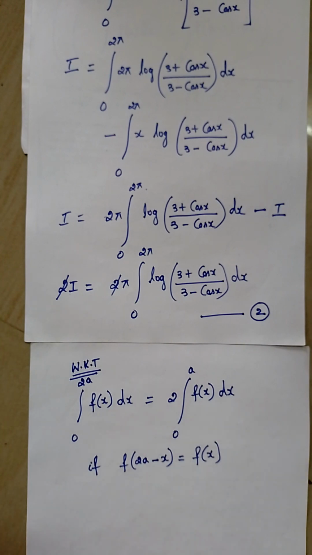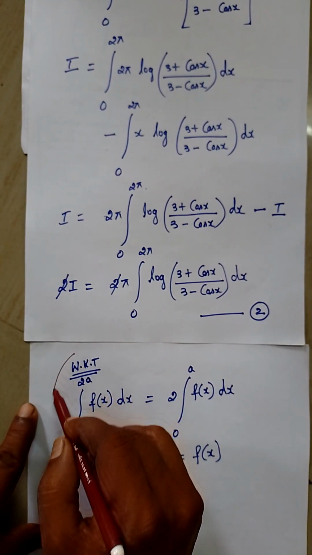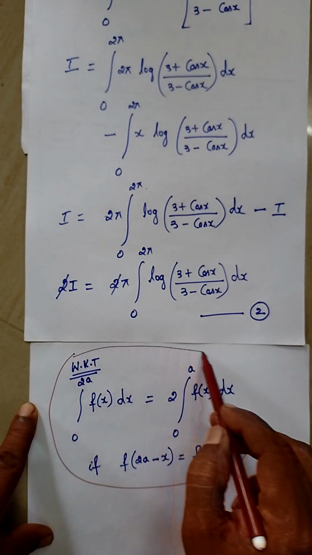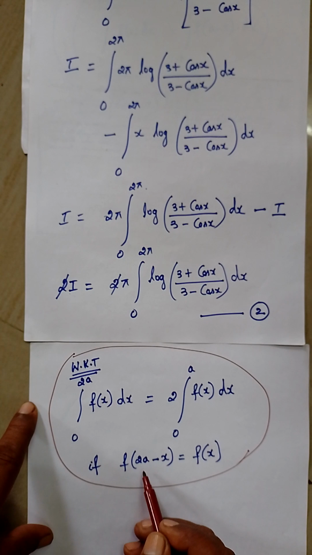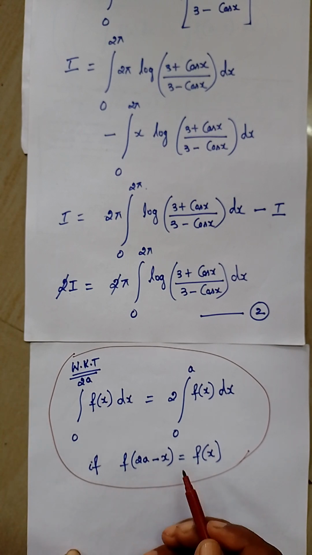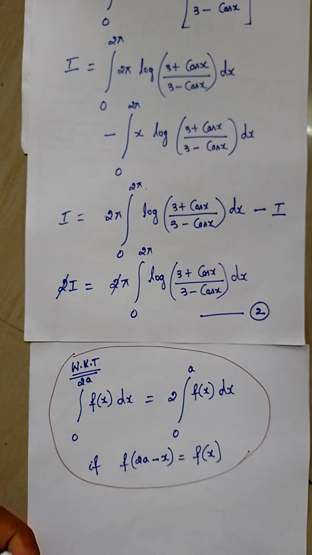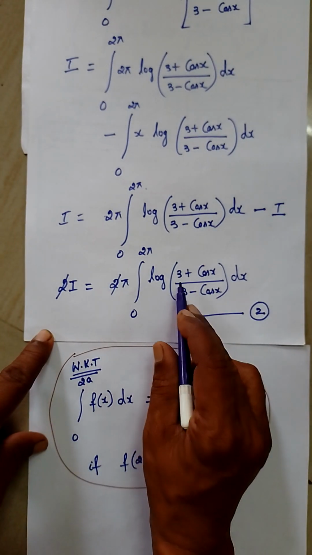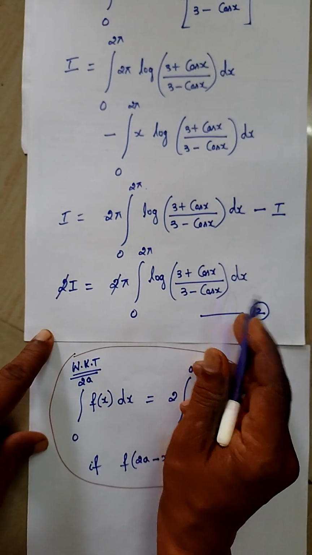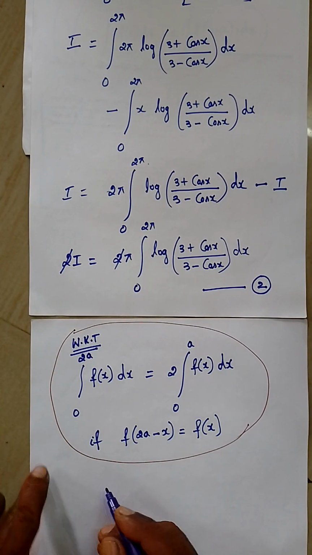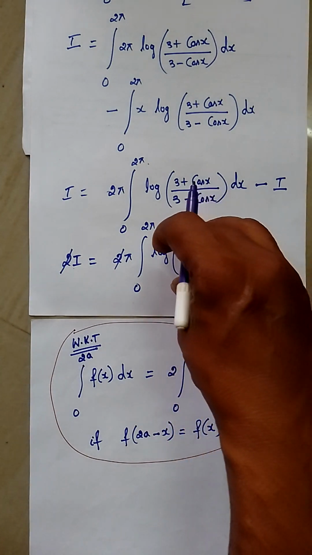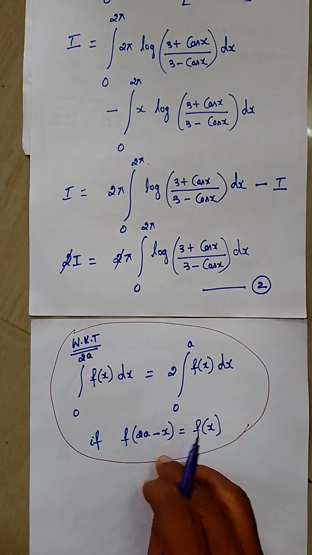So this is another property, and this condition is valid only if f(2a − x) is equal to f(x). So what we are going to do is, we call log((3 + cos x)/(3 − cos x)) as f(x). We must verify whether this f(x) is equal to f(2a − x).